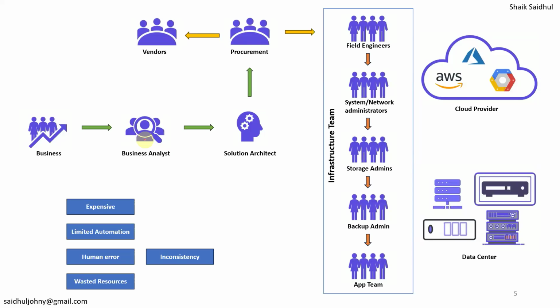The moment your application code is developed, you can request an infrastructure engineer or a DevOps engineer to create a resource in the cloud platform. They just spin it up in one day, hardly one day or a few hours, so that you can deploy your code on top of it. So the deployment model is very fast.